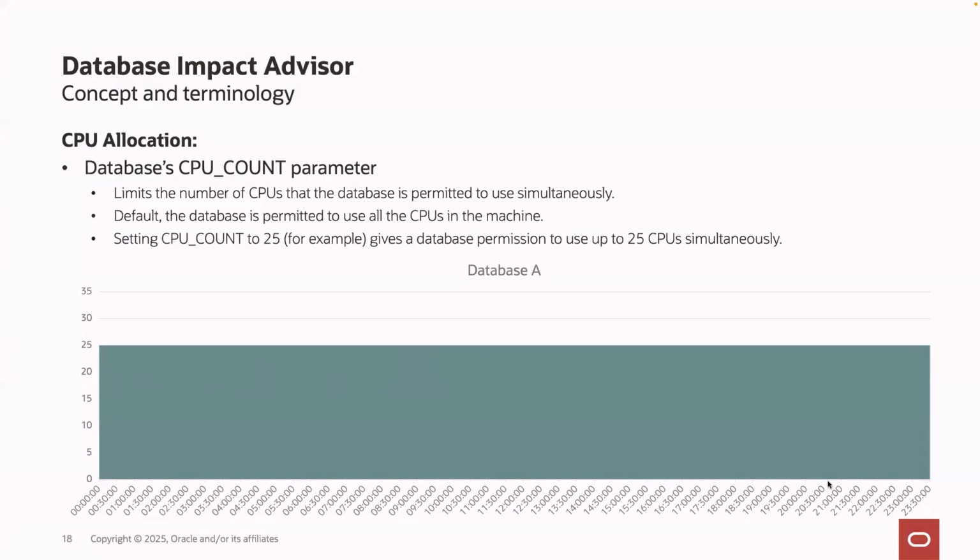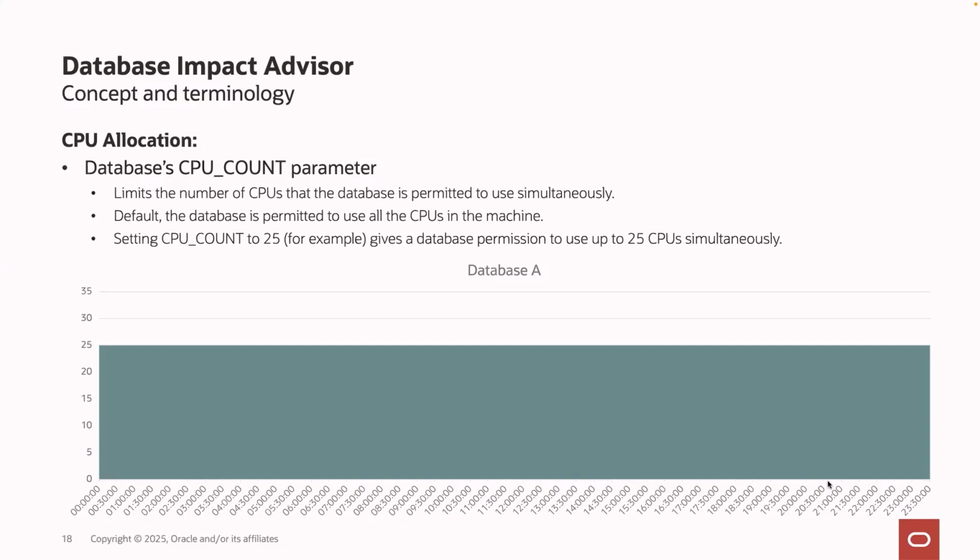First of all, what we see here is every database has a CPU count, and it can either be set using the CPU count parameter, or it can be unset. If it's unset, that means you have access to all the CPUs in the environment.